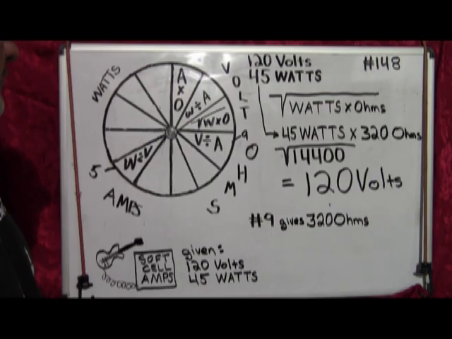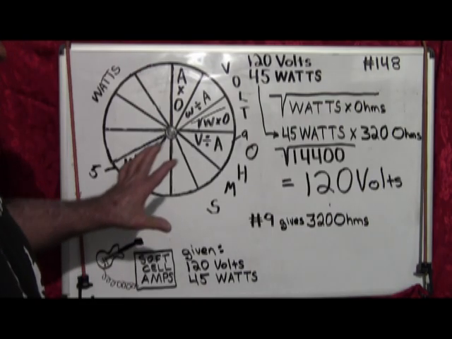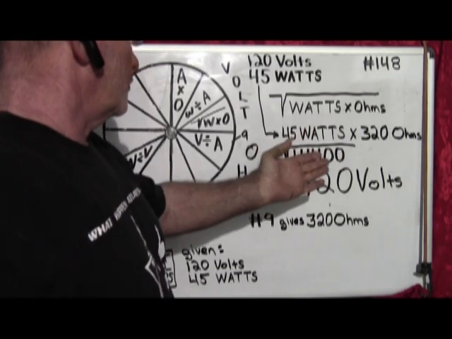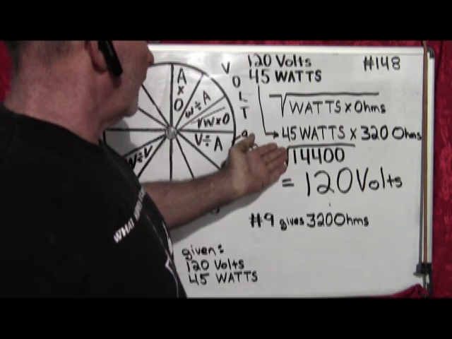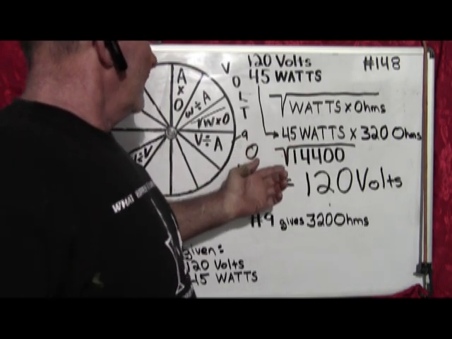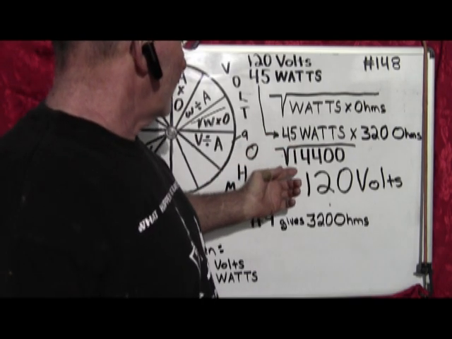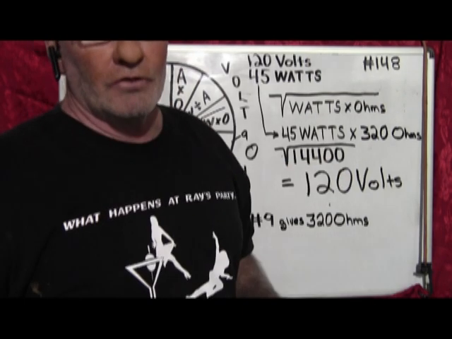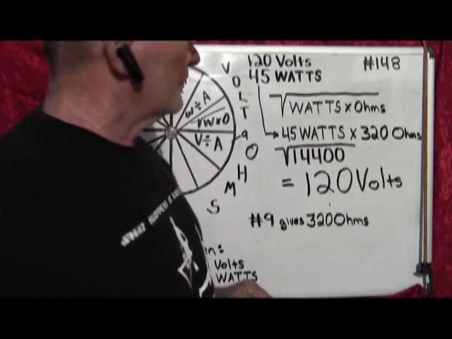Going from the information that we got from the equations, we came up with 320 ohms times 45 watts, and lo and behold, we come up with 14,400. I told you that number comes up a lot.